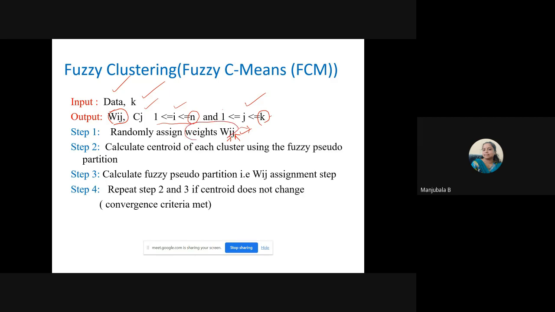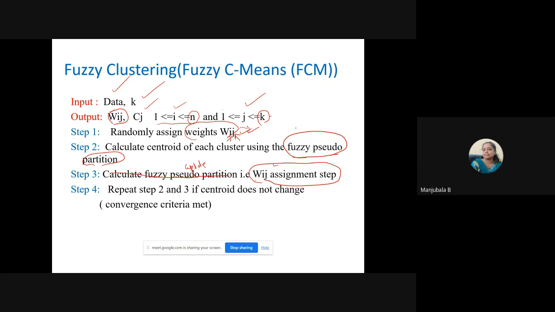So we have randomly assigned the weight matrix. Second, we calculate the centroid of each cluster using the fuzzy pseudo partition. This is one mathematical notation you have to use here. Then we do the Wij assignment step, which is the update of Wij. So how to update the Wij?